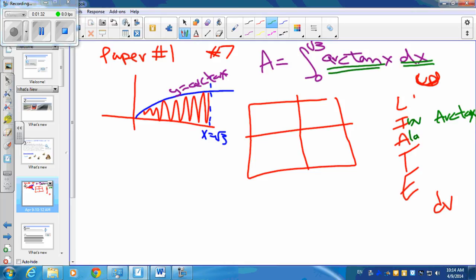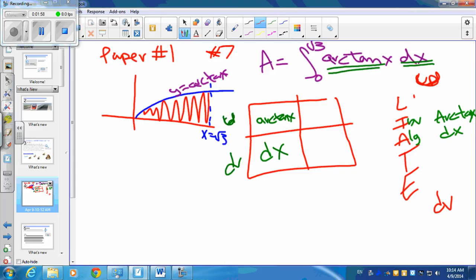Algebra. That's going to be your dx. So my dv, normally we want our x's to go down by taking derivatives, but this is the opposite. It's kind of counterintuitive. You're going to have your dx here, and you're going to put your arctangent x here. So here's your u and dv.